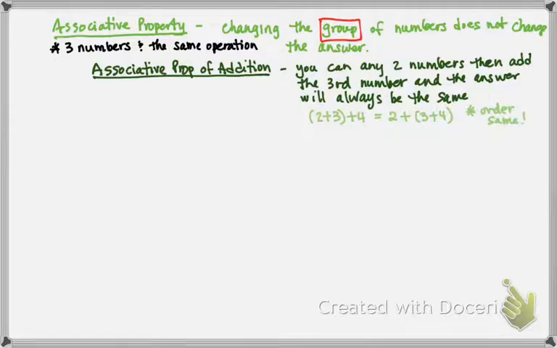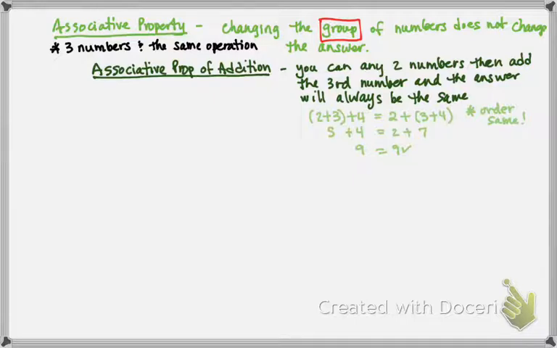So we're not switching the order of the numbers, we're just switching who gets the parentheses. So let's prove it out. 2 plus 3 is 5, and that leaves me with plus 4. And then we have 2, and 3 plus 4 is 7. 5 plus 4 is 9. 2 plus 7 is 9. So we just proved out the associative property of addition works.